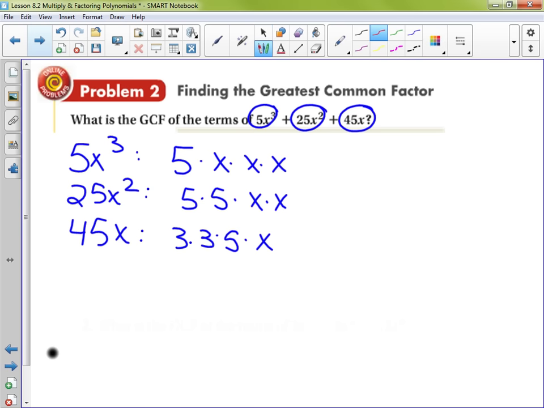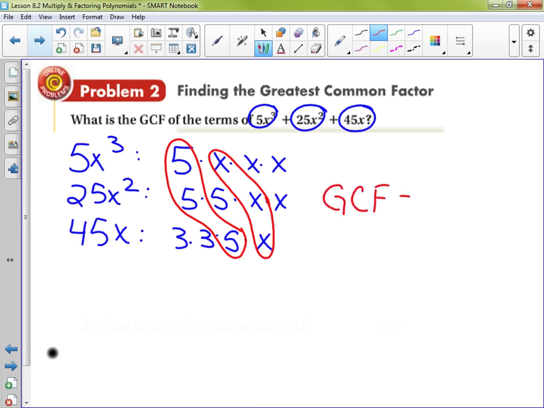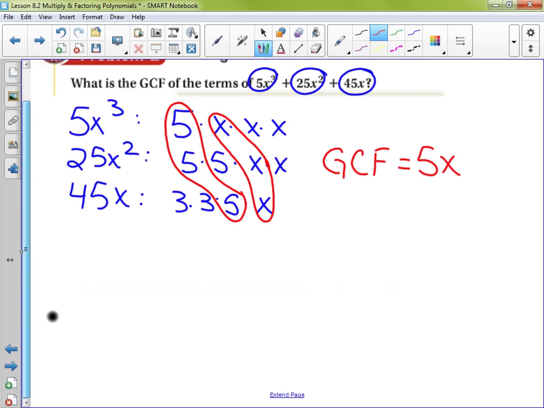So to find the greatest common factor, all I do is circle all the factors that each of these numbers has in common. So there's a 5 in common, and there's an x in common. No other numbers in all of the lists show up for each number. So the greatest common factor is 5x. And that's pretty straightforward.